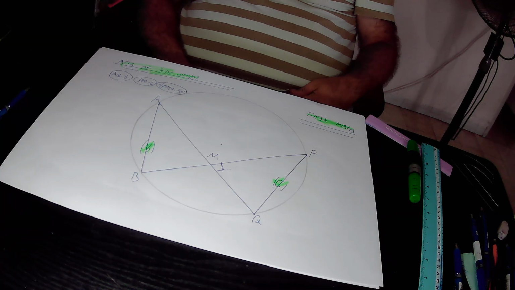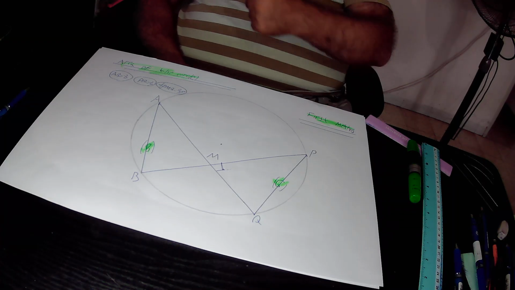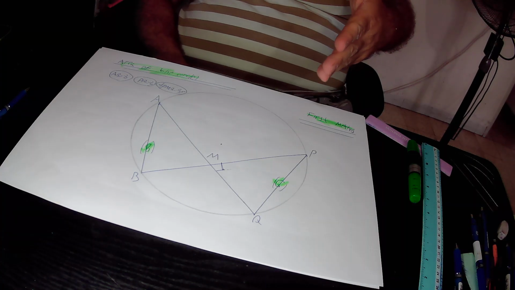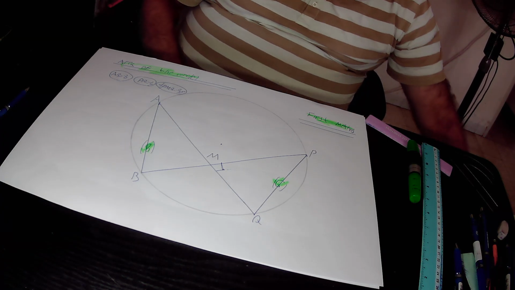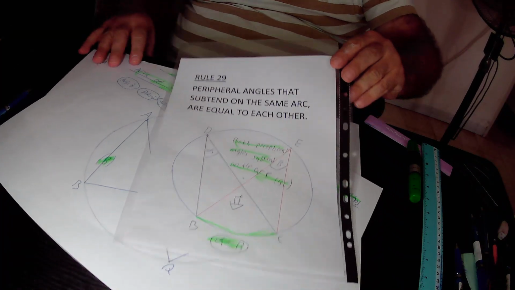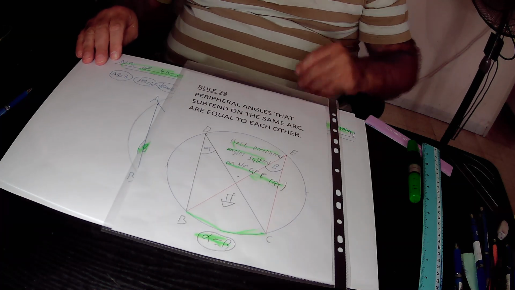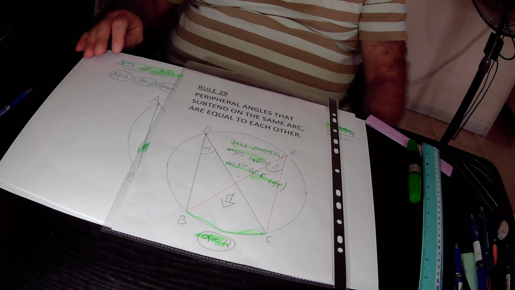In order to find out the area of this circle, we start of course with the first method. I will present to you Rule 29 and we will implement Rule 29 in our drawing. According to Rule 29, peripheral angles that subtend on the same arc are equal to each other.